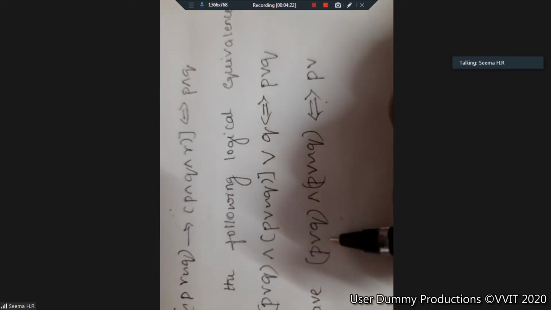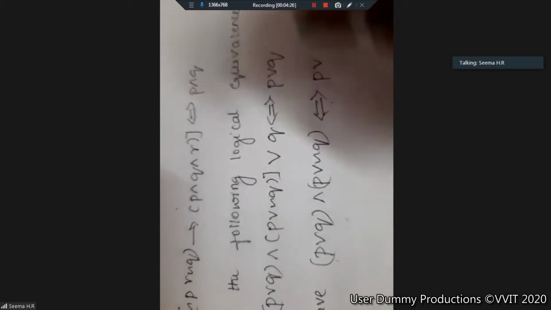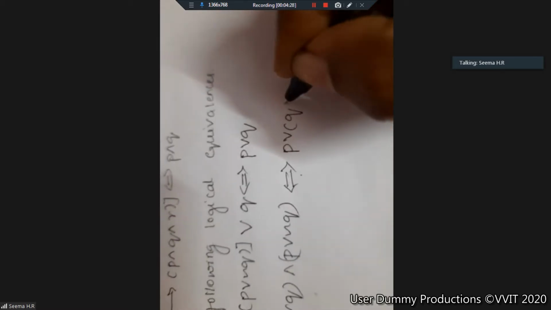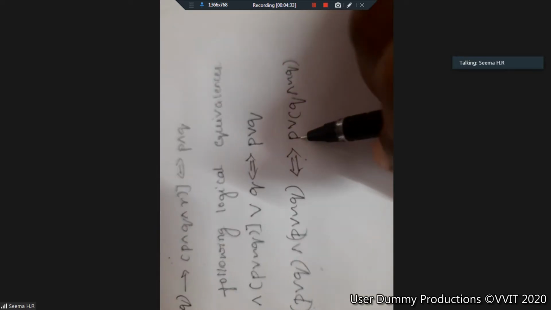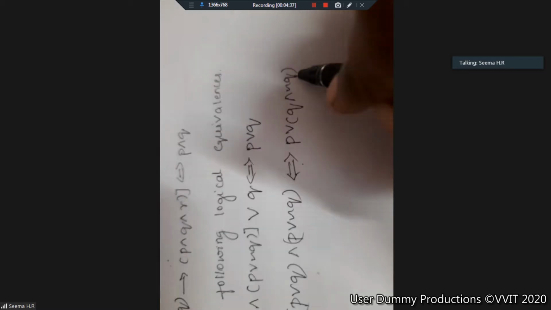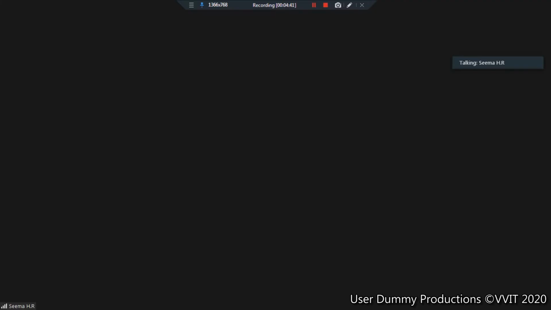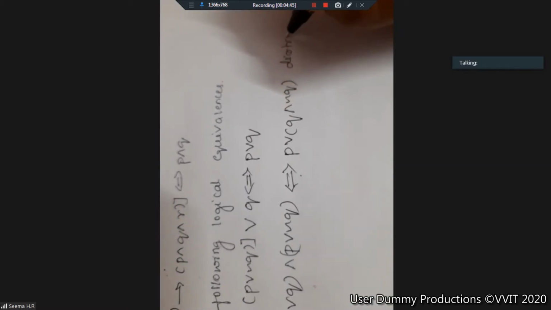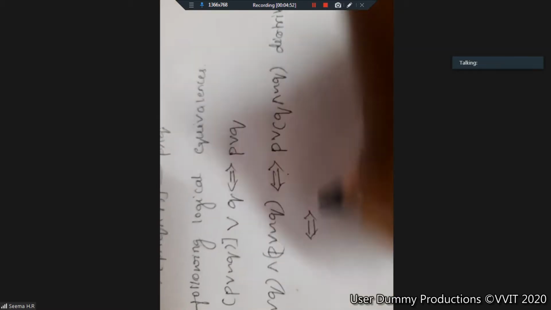Okay, P is a common factor. Now see here, Q and negation of Q is there. So if we write it like this, check whether we will be getting the same thing: (P and Q) or (P and negation of Q). Which rule have you applied? Distributive law. Now tell me, what is Q or negation of Q?